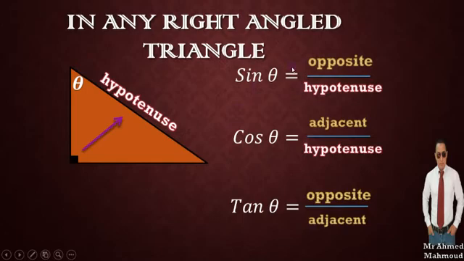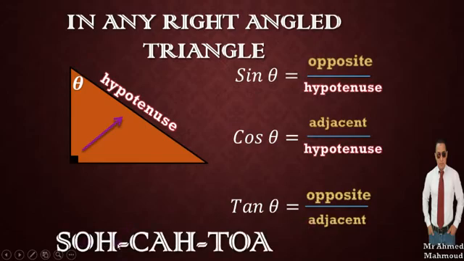Now from these ratios, to make it easier to study, I will take S, O, and H from here, and here I will take C, A, and H, and from here I will take T, O, and A, to be like this: SOHCAHTOA.